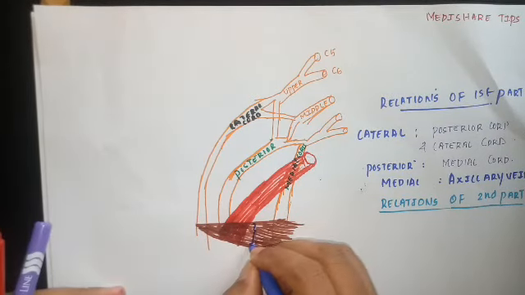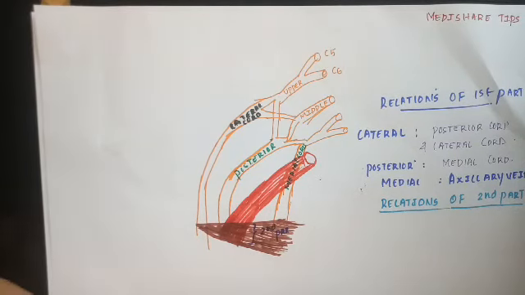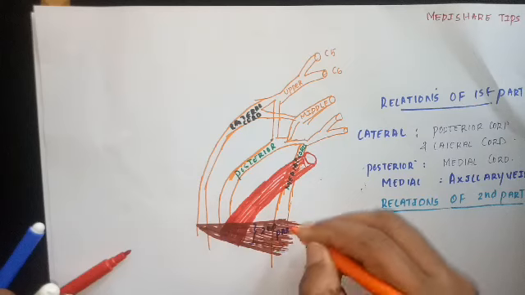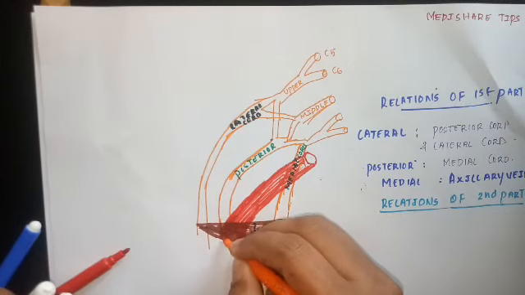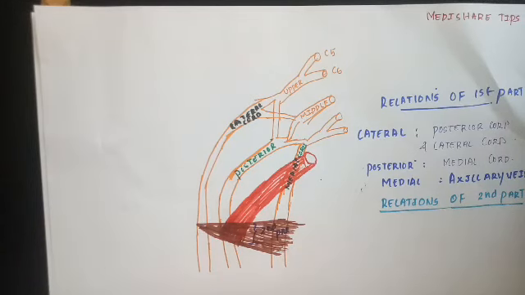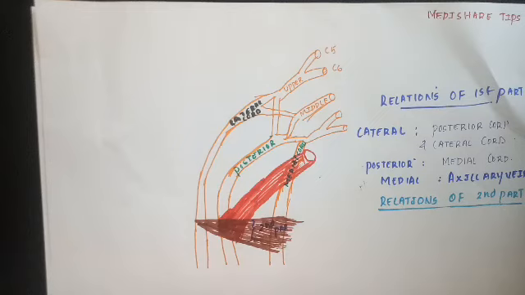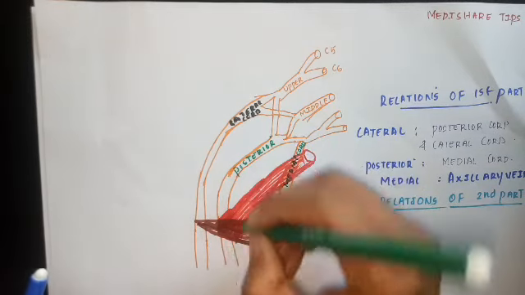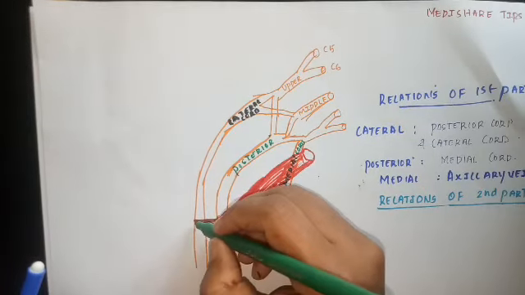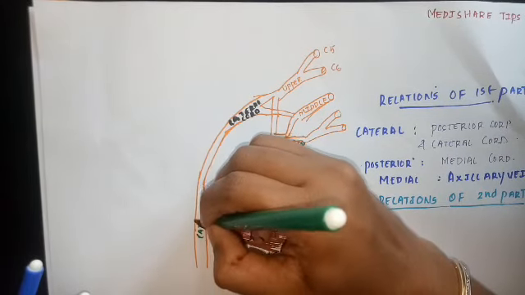So this much is the second part. When you see the second part, its lateral relation is the lateral cord.